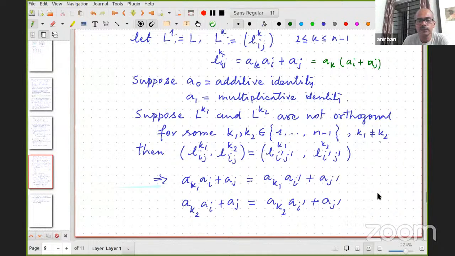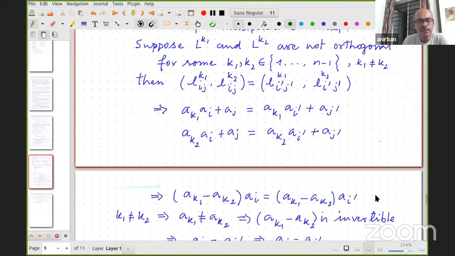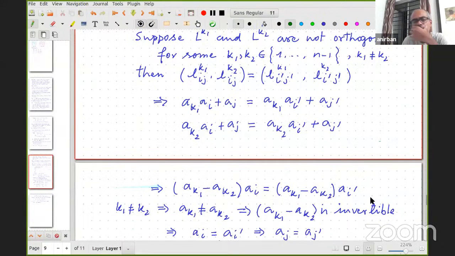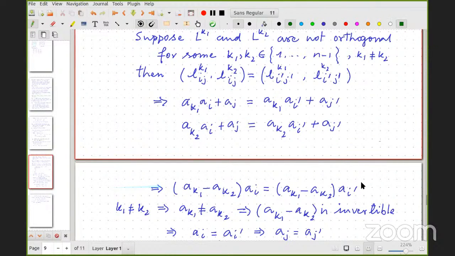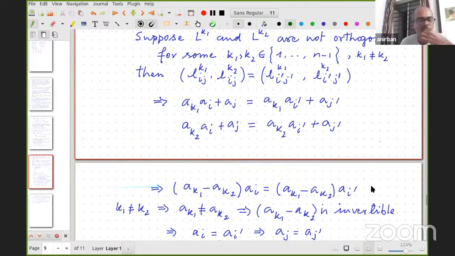If you subtract, it becomes a bit complicated because we cannot directly subtract. You have to multiply some AJ, first equation, AJ to the second equation.